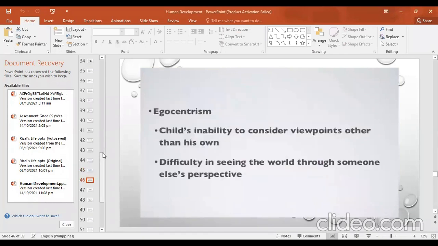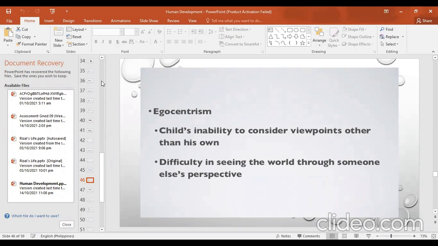And last one, we have egocentrism. Child's inability to consider viewpoints other than his own. Difficulty in seeing the world through someone else's perspective. Sabihin na natin na wala pa silang pakialam sa perspective na meron ka. Ano?